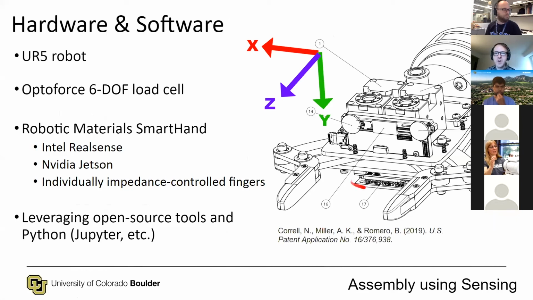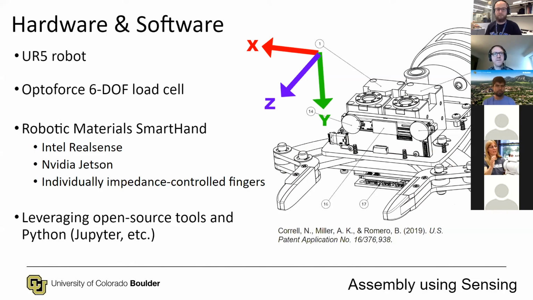We have an NVIDIA Jetson on the undercarriage right here. We have an Intel RealSense D410 camera, I believe. We have a couple of Dynamixel impedance controlled servos driving these independently controlled impedance controlled fingers.